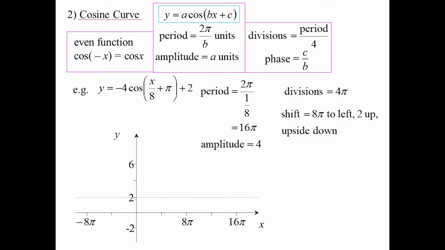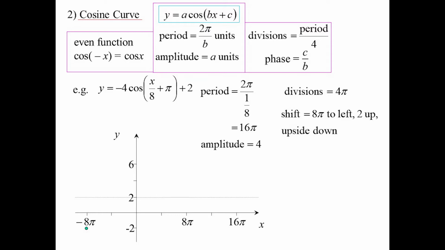Now, normally, I would start a cosine curve at the amplitude. If you think of your basic cosine curve, cosine of naught is 1, so you start at the amplitude. But what's happening with this one? It's shifted 8 pi to the left, 2 up, but then it's upside down as well because of the negative. So I will end up plotting it down here at negative 2.